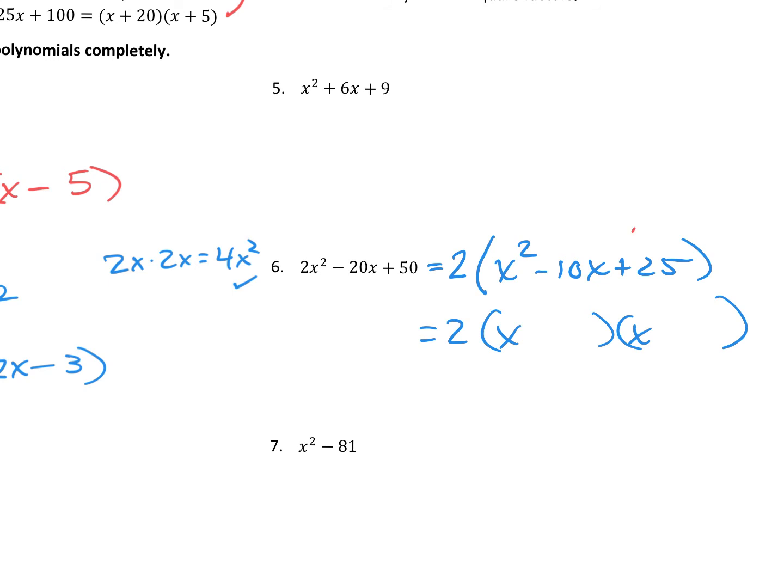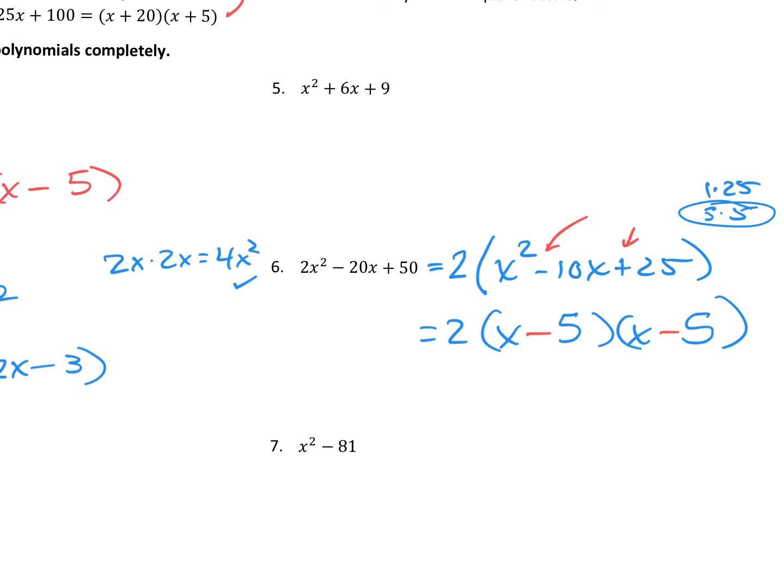We have a positive sign, that means the signs are the same. The negative says they're both negative. And then we look at factors of 25, and we look for two that sum to 10, and that's 5 and 5. So we can check that: x squared minus 5x minus 5x, minus 10x plus 25. So watch for that one as well.